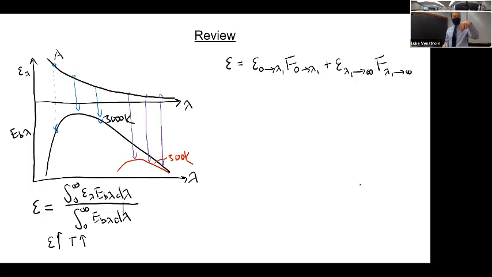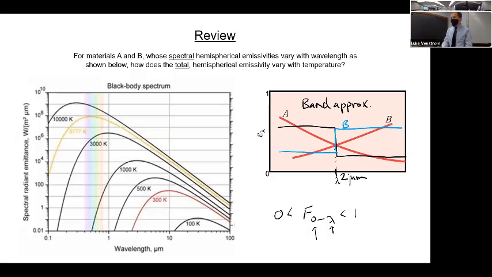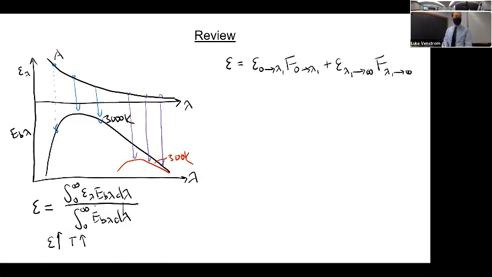If you look at your handout from last time, that's the equation for calculating the total emissivity. Okay, so if we just say that lambda is equal to 2 micrometers, then again, we can pick two temperatures and see what happens.